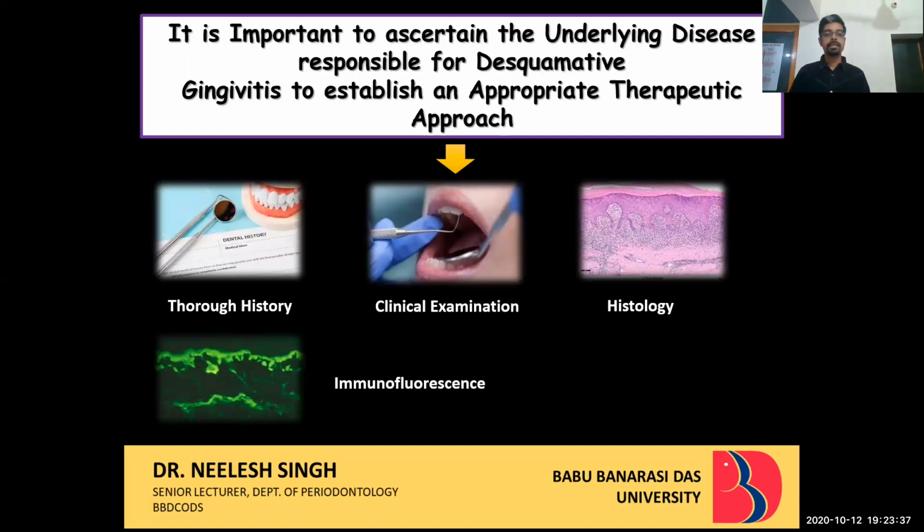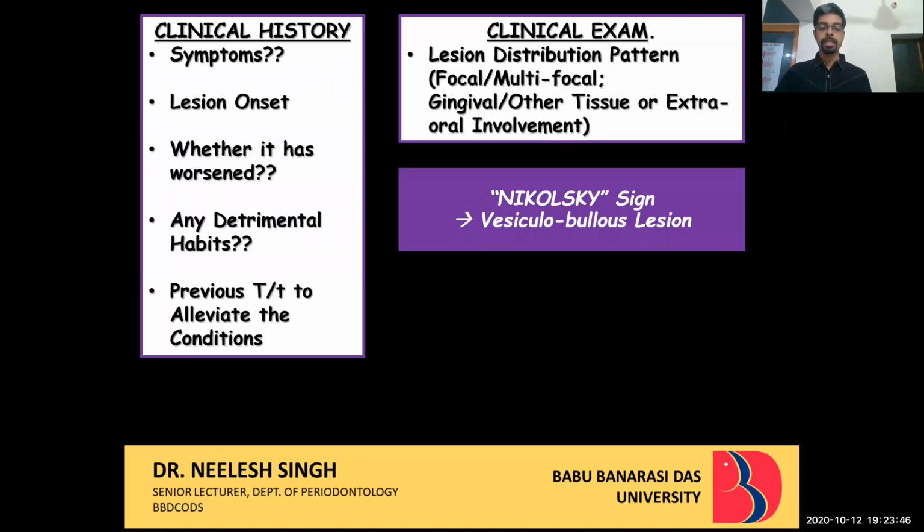So, a thorough clinical history, clinical examination, histology, and immunological studies or immunofluorescence has to be established. Coming first to the clinical history: what are the symptoms, lesion onset, whether it has worsened with time, any detrimental habits in the patient, any previous treatment for the same condition.